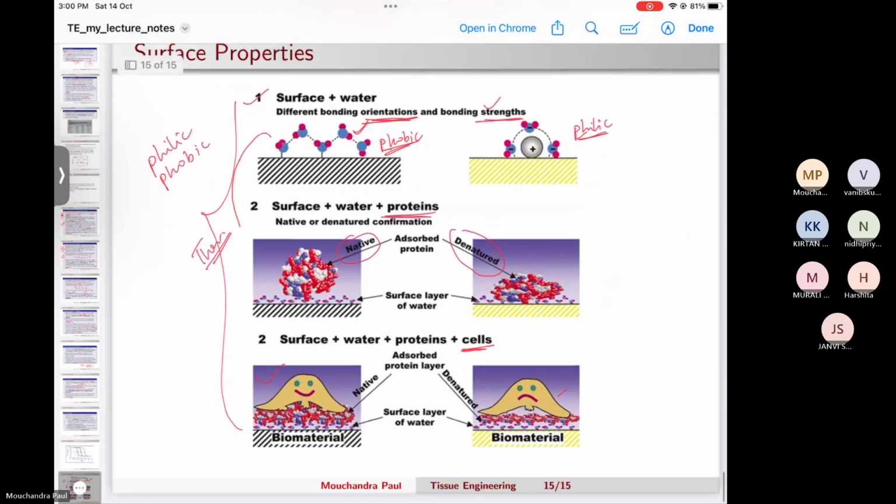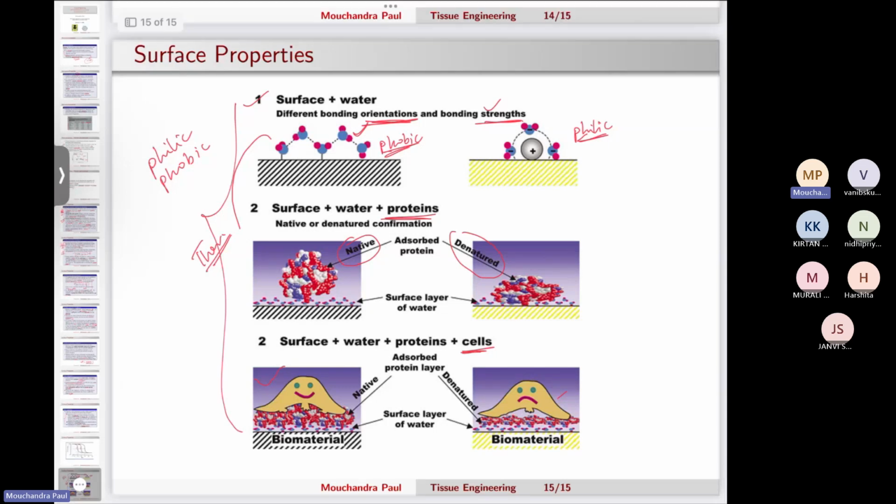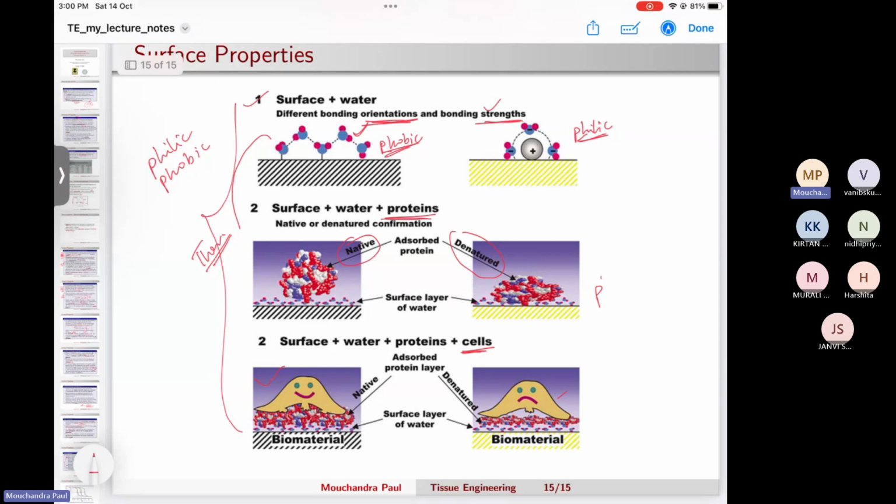Okay, so now in this hydrophilic surface, if the yellow one is the hydrophilic surface, here the water molecules have a lesser tendency to leave. So the net gain in entropy is lesser, and the extent to which the proteins can adsorb becomes less.